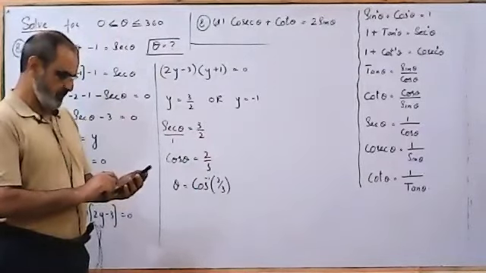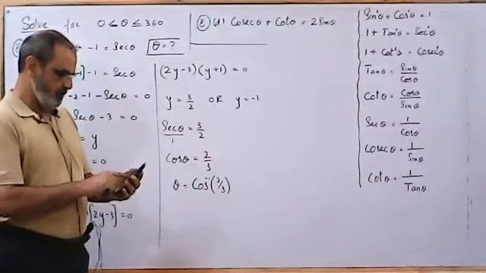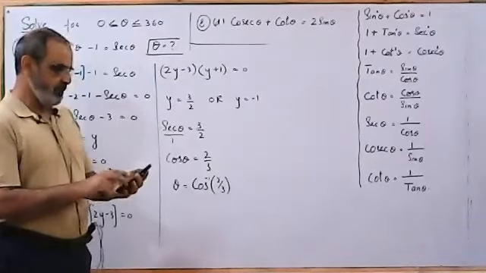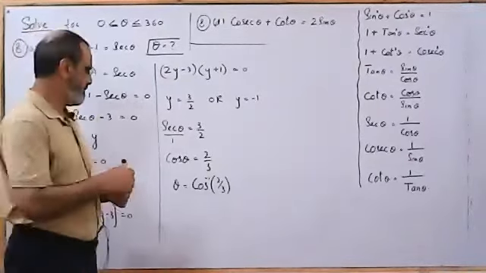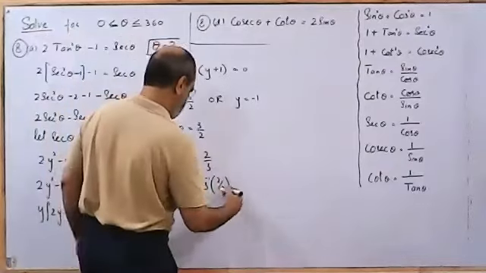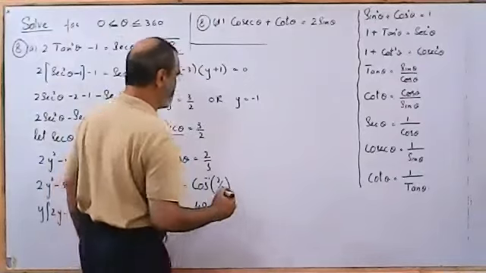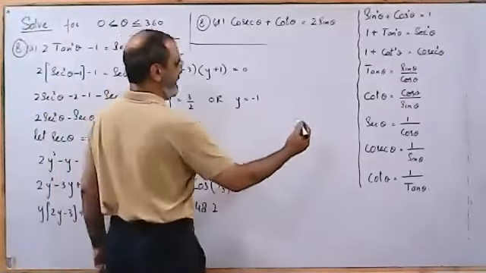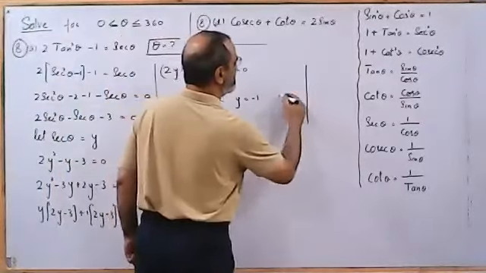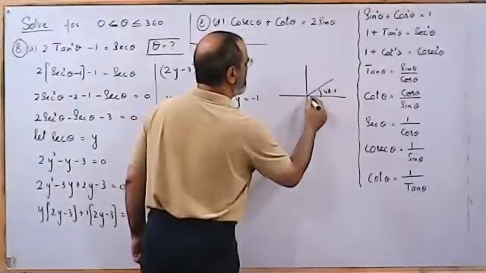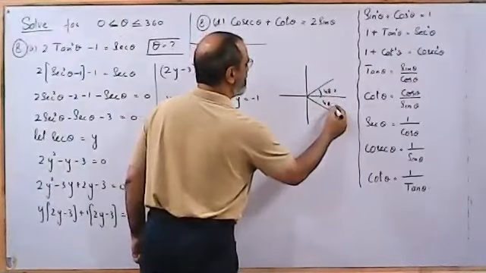So using the calculator, I have to find the value of shift cos 2 by 3. It gives me 48.2. So theta is equal to 48.2, that is in the first quadrant. And if I check in the fourth quadrant, 48.2 here and 48.2 here.